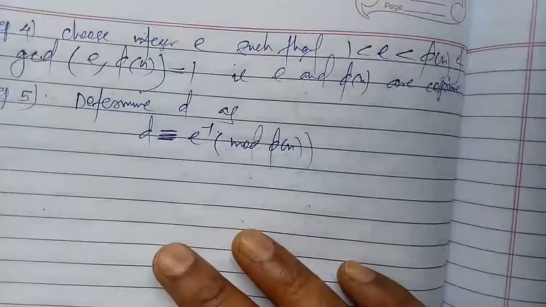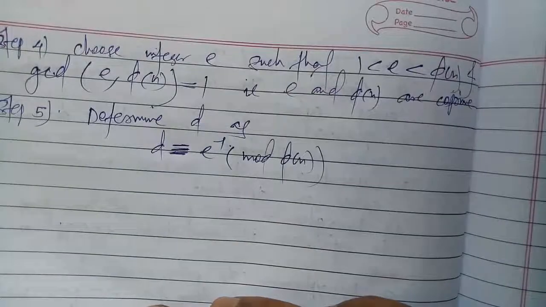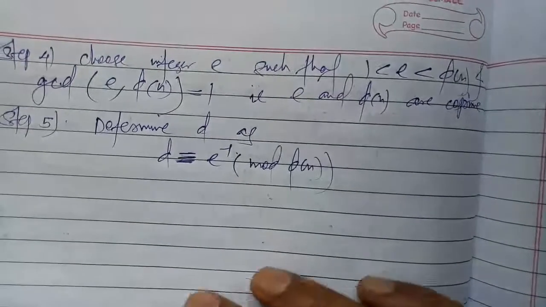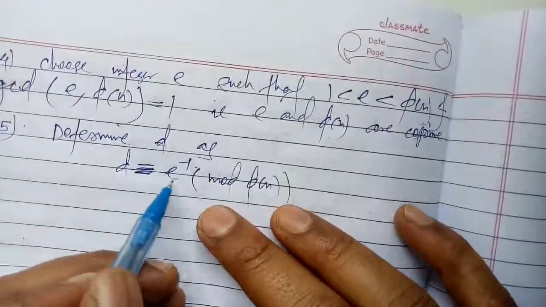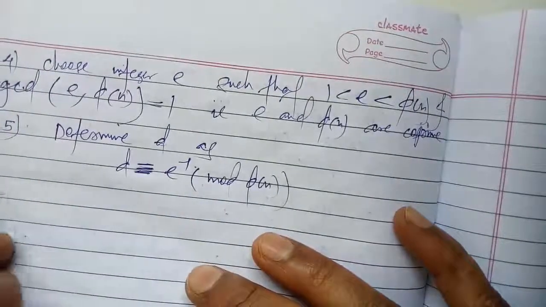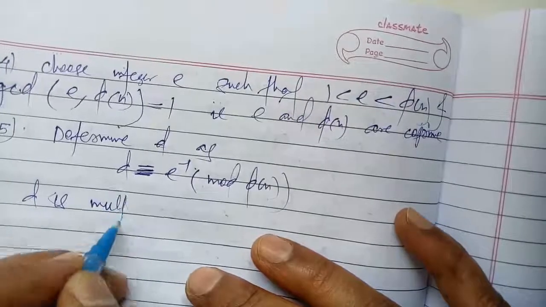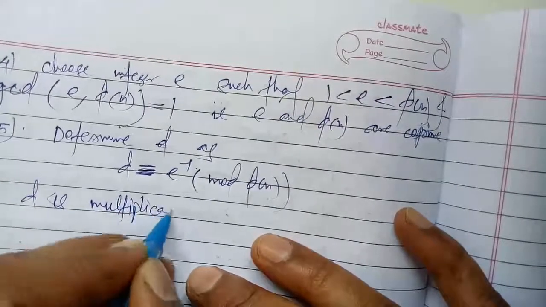That means d is the multiplicative inverse of e, that is, d equals e inverse modulo phi n. So d is the multiplicative inverse.